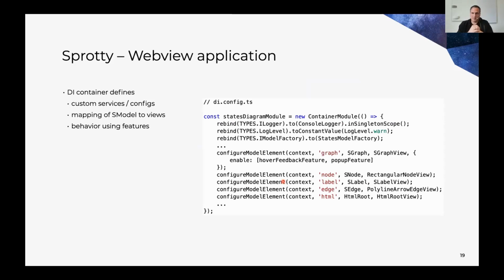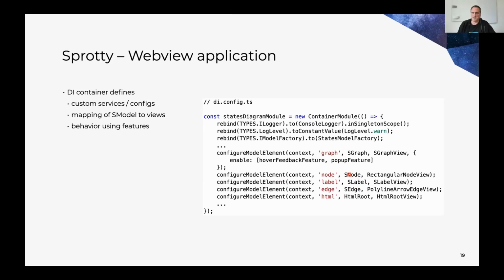At the heart of a Sprotty application, there's a DI configuration. So Sprotty uses dependency injection. And in this DI configuration, you can bind all kinds of services to specific implementations. There are a lot of defaults, so you don't have to do that from scratch. But what you have to add in addition to that is a mapping definition from the S model to the views. And the view in Sprotty is the rendering element.